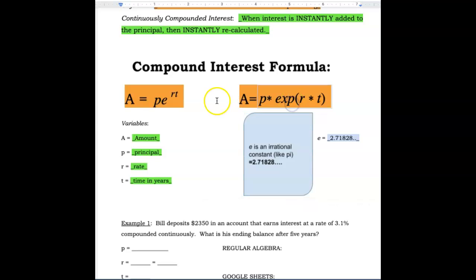And because you're using this exponential function in Google Sheets, you don't have to raise it to the RT. It automatically raises it to R times T. So this is how we're going to write it out in Google Sheets: P times EXP parenthesis R times T. But it really just means this, P e to the RT.